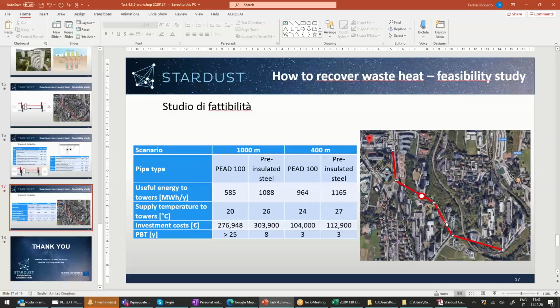So in essence, being a follower city in Stardust, it would be nice to be a follower city in another district heating related project. But let's see. I think that would be interesting for us to prepare for future developments, not for the immediate developments. That's what I understand. But thank you.